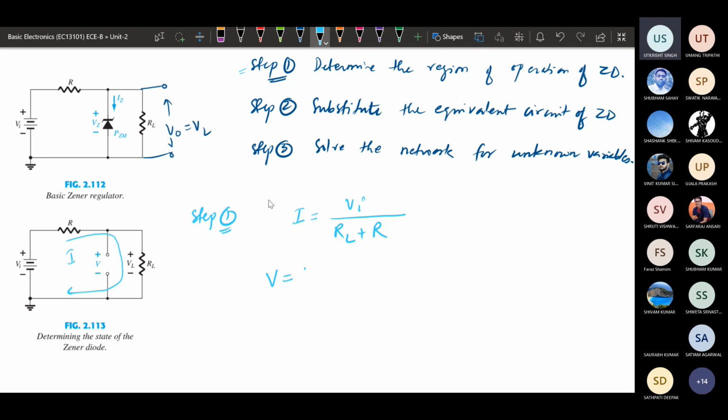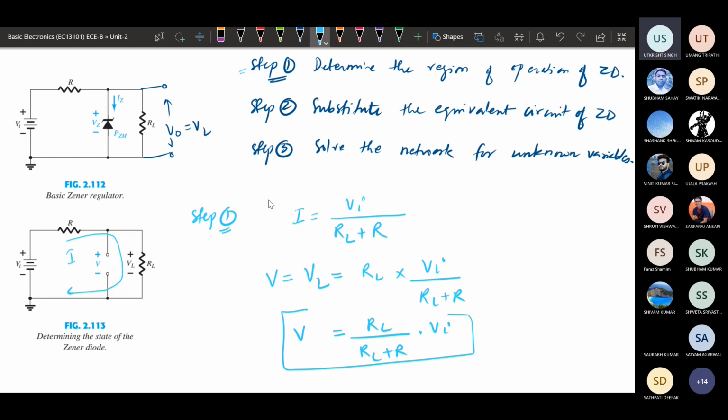So V equals the current flowing through this network multiplied by the load resistance RL. The current is Vi divided by RL plus R. So V is equal to RL divided by RL plus R multiplied by the input voltage Vi. This will be the voltage that is obtained.